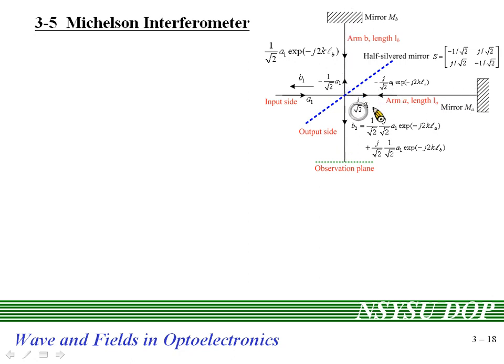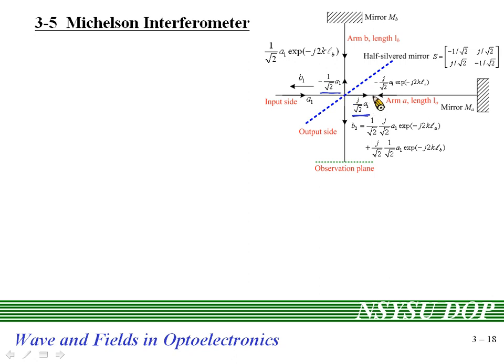And for the lens LA, this is the transmitted light. It will go this way, hit the reflected mirror, and go back to the half transmission mirror. And then for this path, the reflected light beam will have the corresponding amplitude of this term, and it will go this way, hit the reflected mirror, and be reflected to the original half transmitted mirror.